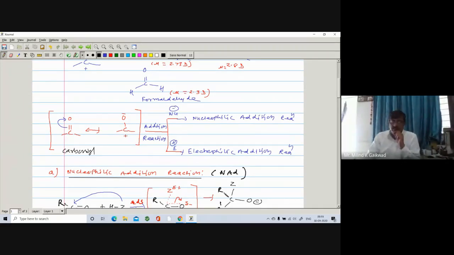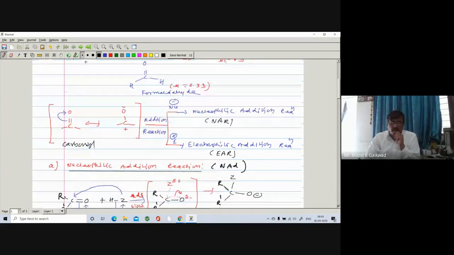Carbon having the positive charge. When a nucleophile attacks first, it is called a nucleophilic addition reaction. When an electrophile attacks, it is called an electrophilic addition reaction. We have seen the mechanism, right? The nucleophilic addition reaction is common.